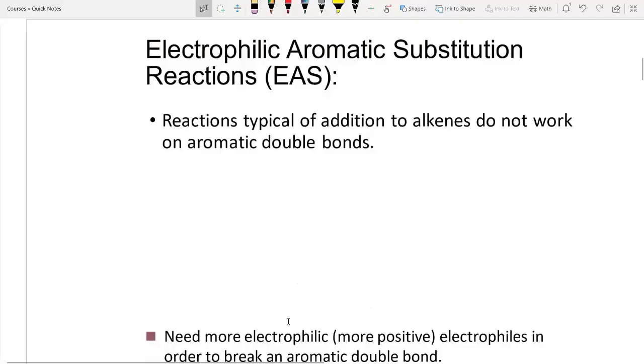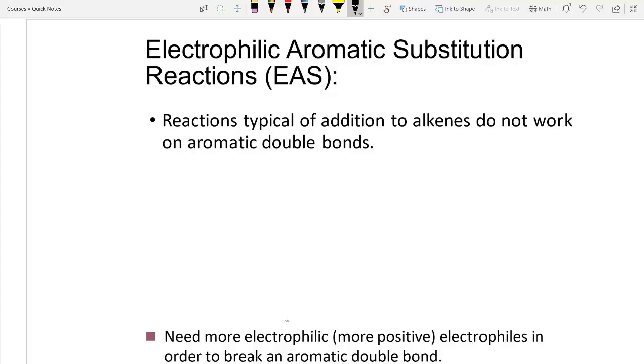So first, let's start with what electrophilic aromatic substitution is. Electrophilic aromatic substitution is a way that we can add onto aromatic rings that are not very electron poor. I'm not saying that these aromatic rings might not be slightly electron poor, but it can't be extremely.